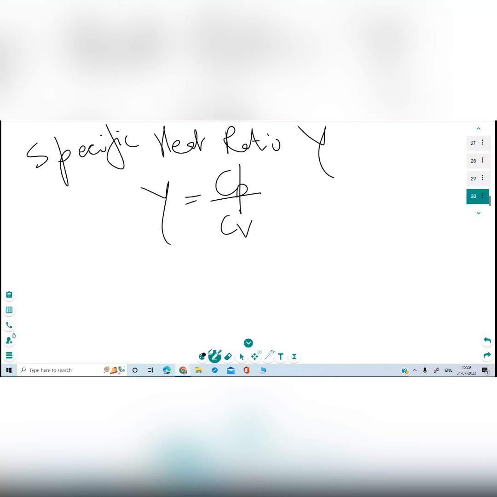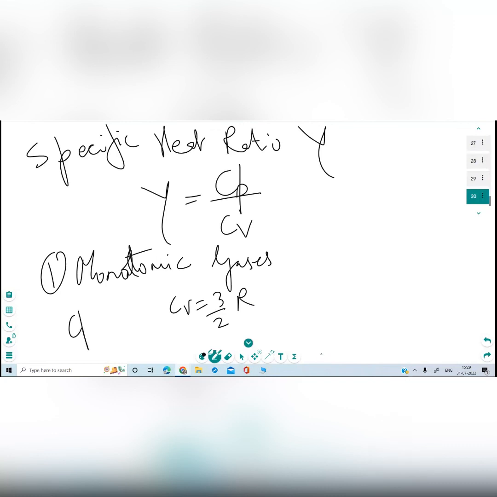It is different for different gases. When I talk about monoatomic gases, which you will learn about in your chemistry, Cv is 3 by 2R and Cp is 5 by 2R.